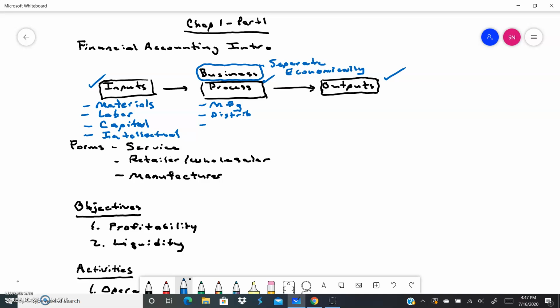It also would be marketing, so somehow creating demand for its products. Of course, all of that would have to be managed. So there's some type of management function there.